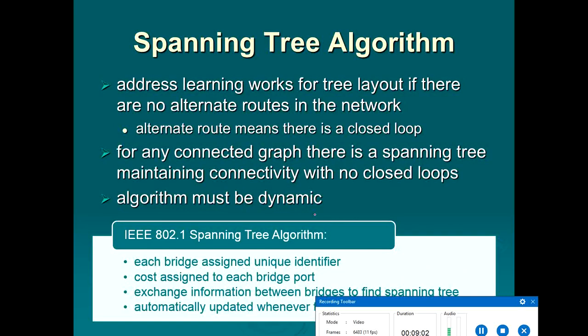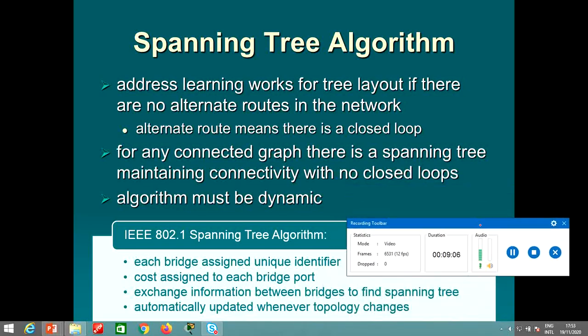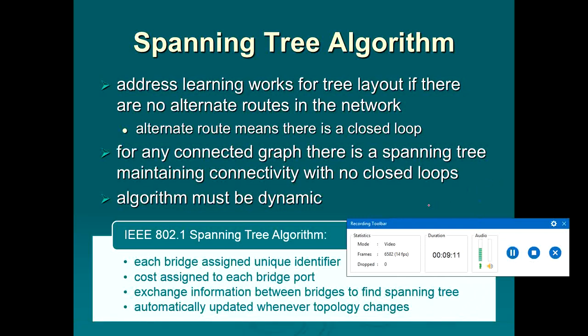Now the last mechanism which we are going to talk about is looping. There is a problem with address learning. Address learning works for a tree layout. That means if for a certain topology a tree-like structure can be formed, the spanning tree algorithm will work.